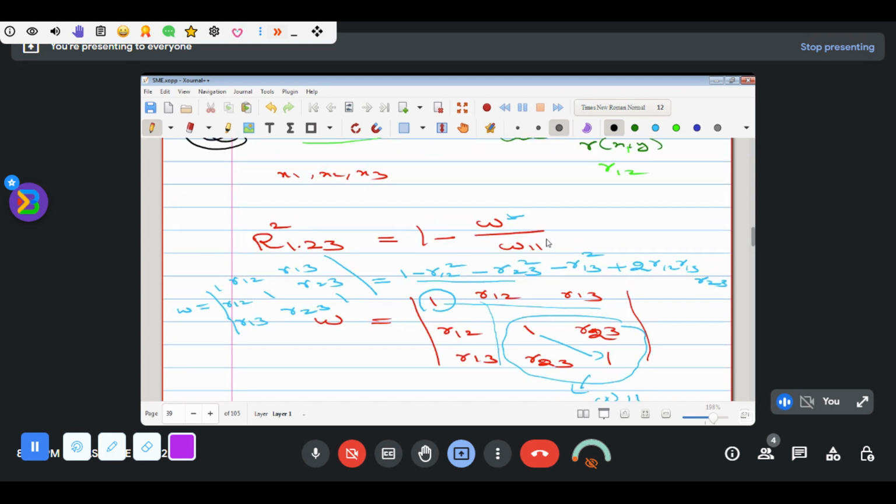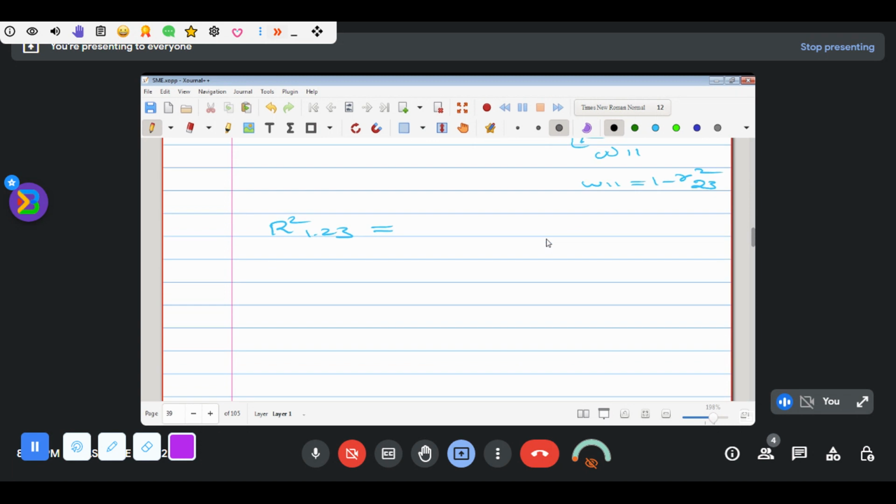Then you end up getting the simple formula: R squared 1.23 equals R12 squared plus R13 squared minus 2 times R12 R13 R23, divided by 1 minus R23 squared.